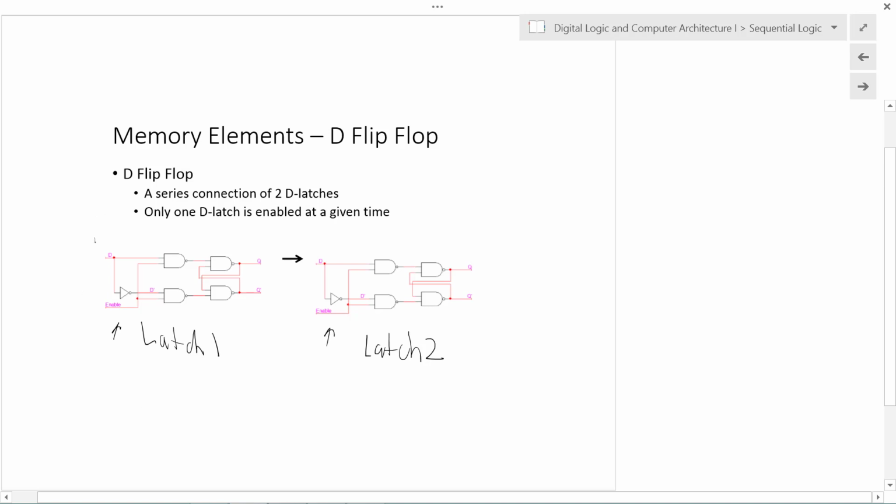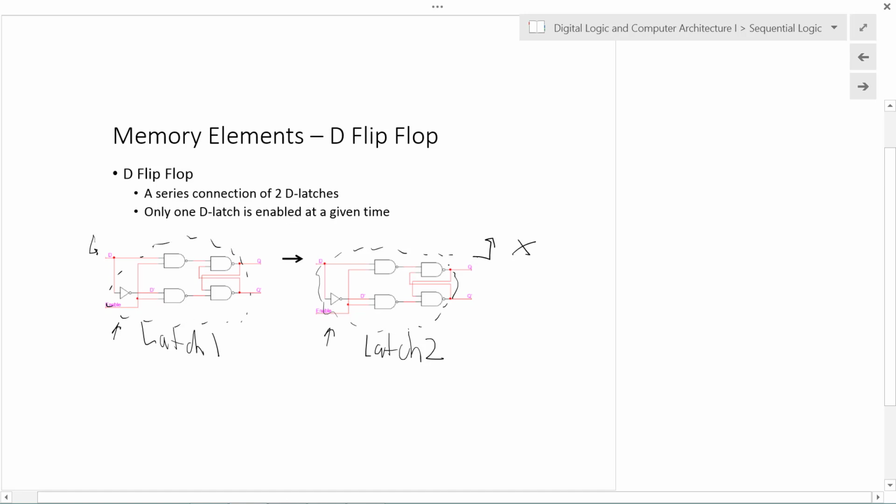This D value, when this changes, will cause this Q value to change immediately. And we don't like that. So notice that the D latch contains 5 gates here, and the D latch contains 5 gates here.